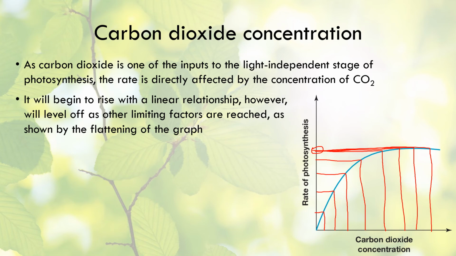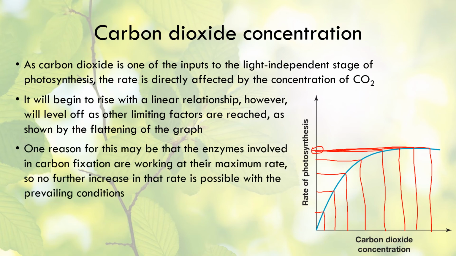They're going to give you a graph like this, and you need to be able to understand that as the carbon dioxide concentration increases, the rate will increase until it hits a level where it doesn't matter how much more carbon dioxide you put in here, the rate is still going to be exactly the same. One reason for this limit of the rate of photosynthesis is that maybe the enzymes are fully saturated.